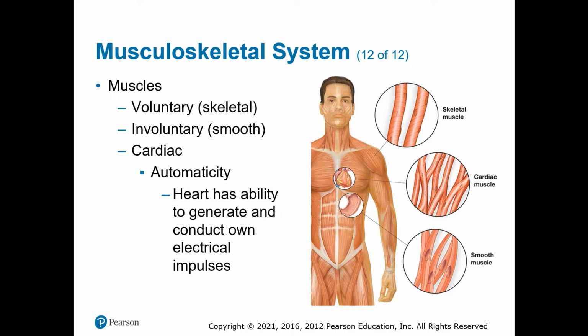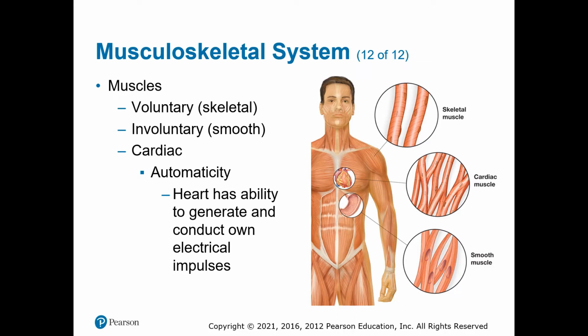It does it on its own. Smooth muscle includes your stomach and the colon. Those basically allow peristalsis to work, and that's just basically the moving of food through the digestive system.